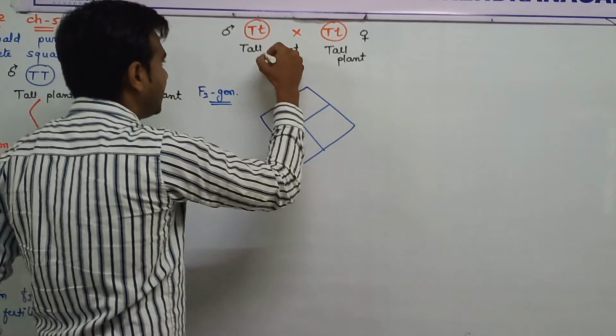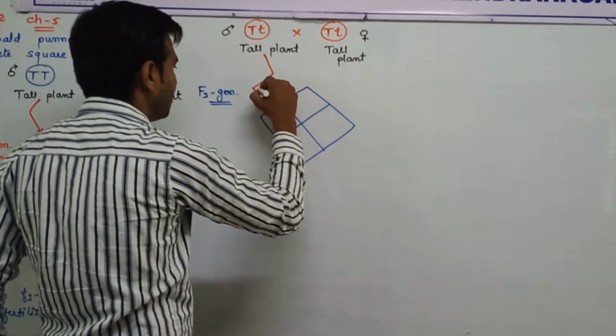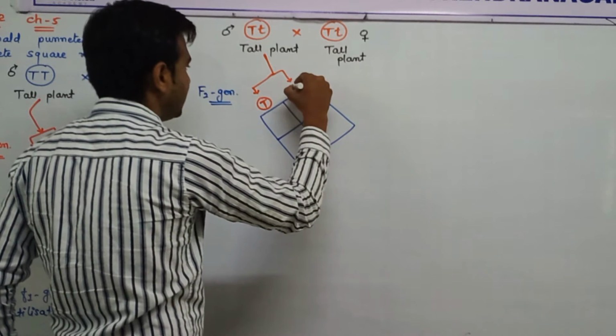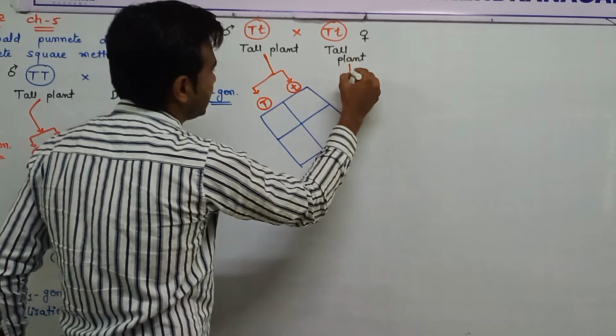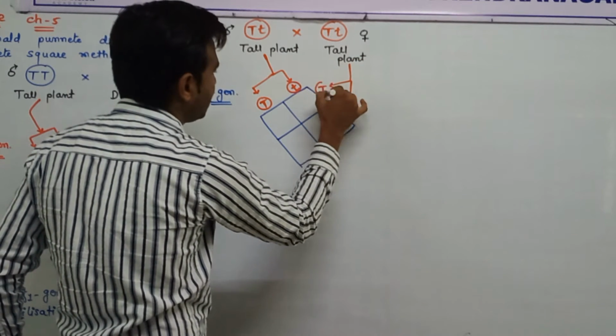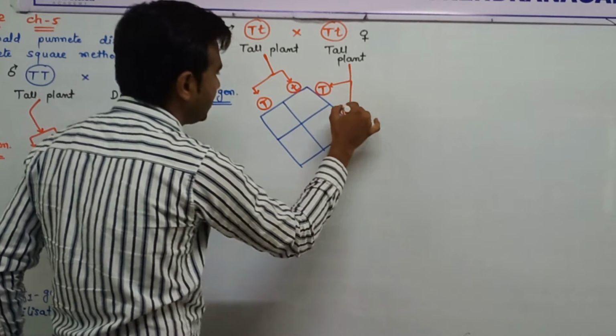So this tall plant produces two gametes. One is capital T and another is small t, right? And here this tall plant produces two gametes. Which two gametes? Capital T and another is small t.